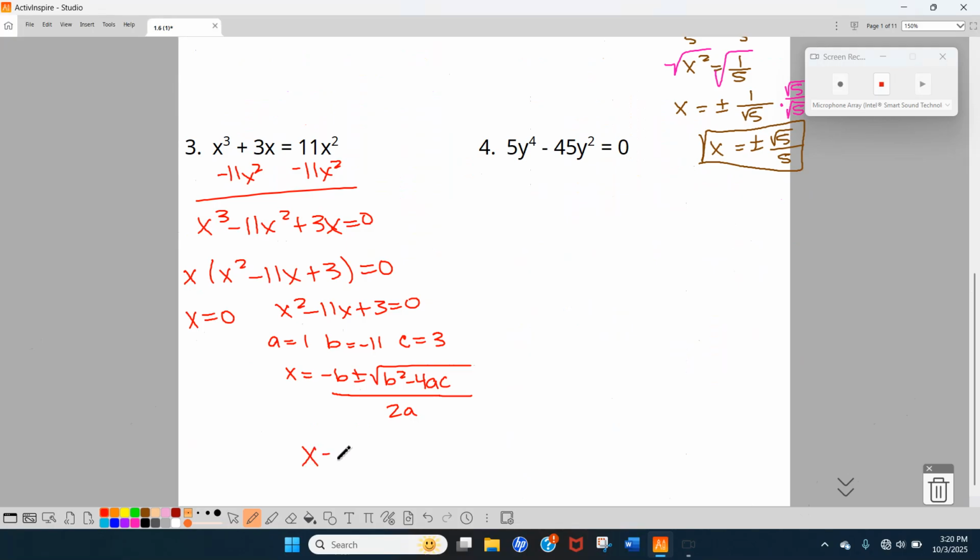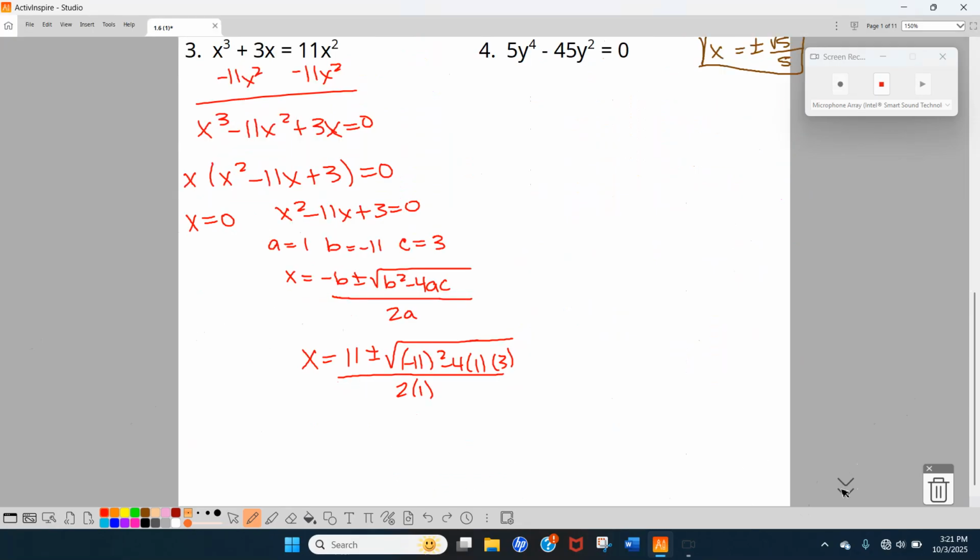So we would have negative negative 11, so positive 11, and then negative 11 squared minus 4 times 1 times 3. So we have 11 plus or minus whatever that works out to be, all over 2.